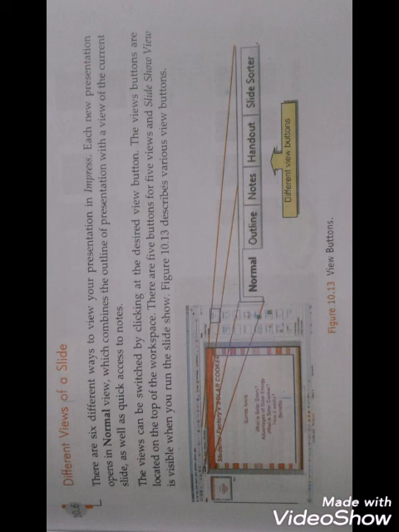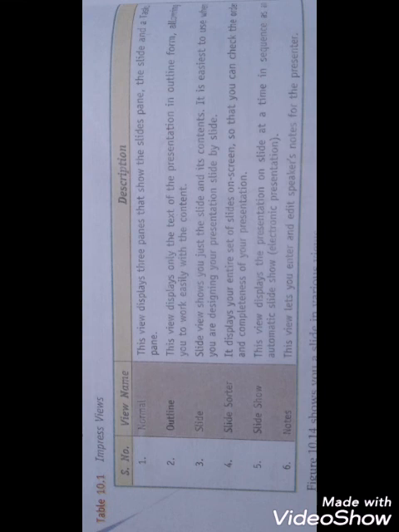The first view is normal view, students. This view displays three panes, that is outline pane, slide pane and task pane. By default, normal view is activated when you open any new presentation.